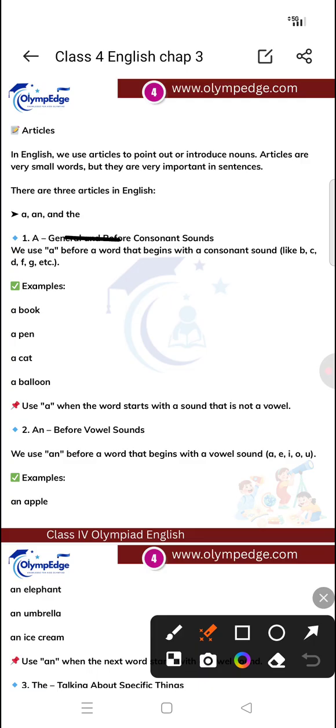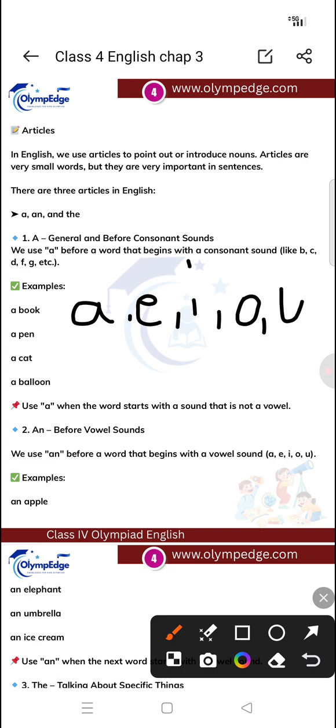A is used before general things and before consonant sounds. I hope you know that the vowels are A, E, I, O, and U, right?